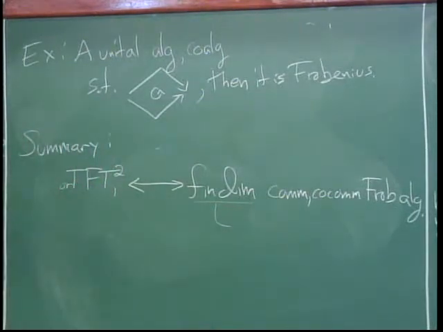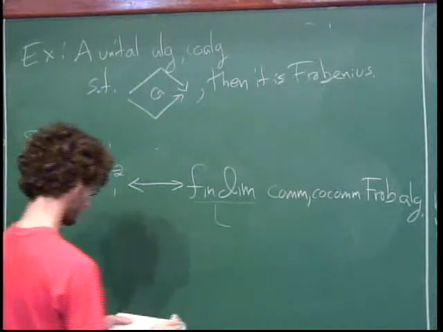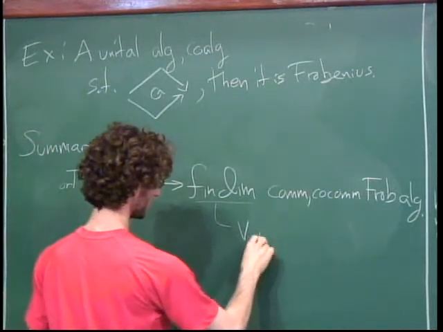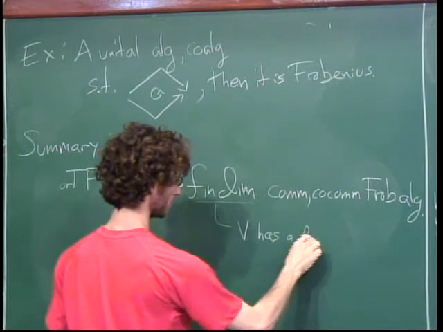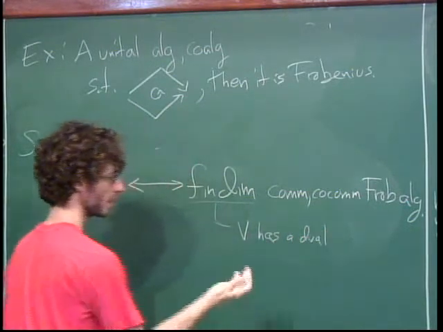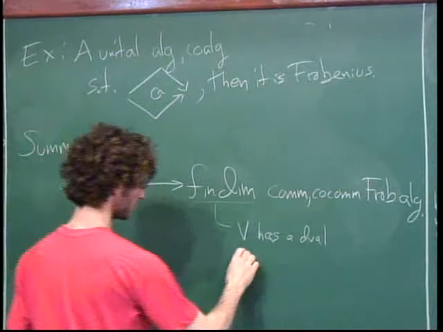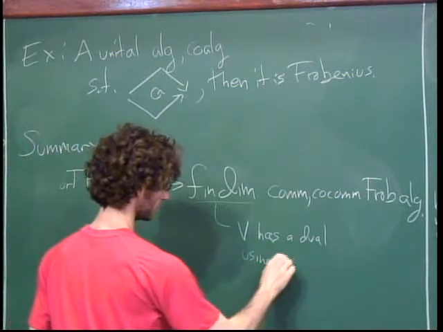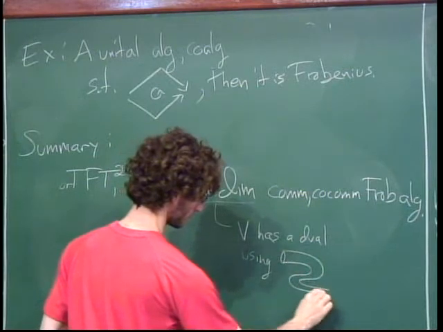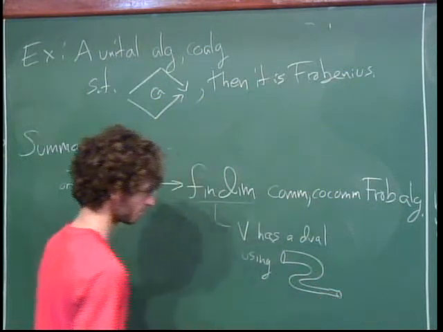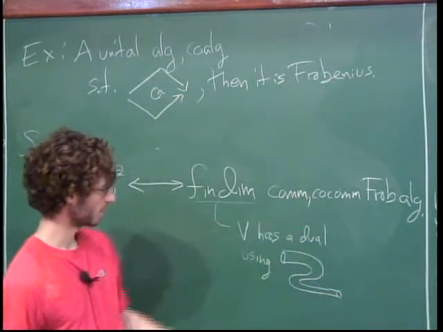Well, basically the same argument we gave in the one-dimensional case also works here. The claim is that this vector space V has a dual, which happens to be V again, using these snake bordisms.